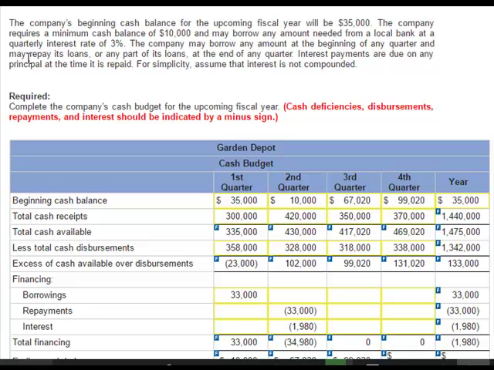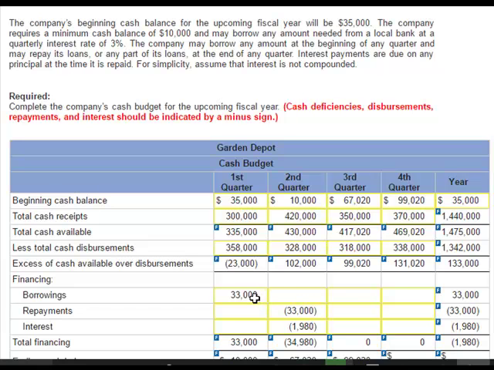Usually a rate is just given without any sort of description, and you can assume it's an annual rate of interest. But because they've explicitly stated that it's a quarterly interest rate, then we need to go with that. And also remember that we're going to assume that any amounts borrowed are borrowed at the beginning of the period, and when they're repaid, it's at the end of a period.